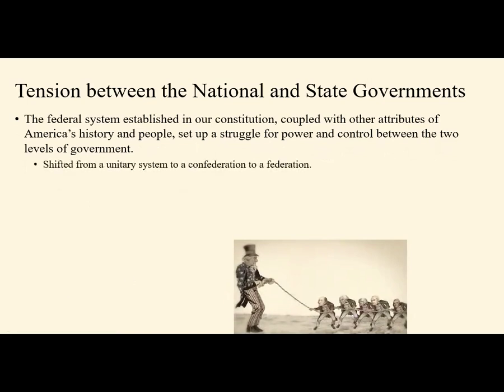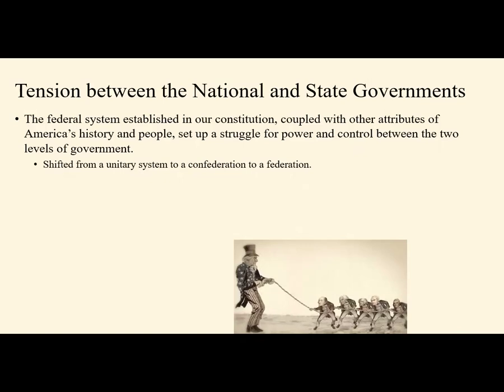Remember at the beginning of this lecture where I was talking about how the American system of government shifted from a unitary system when we were colonies under Great Britain to a confederation when we were just a union of 13 separate states to a federation where we become a nation of people. So citizens, popular sovereignty, we, the people, set up a national government and have that direct relationship.